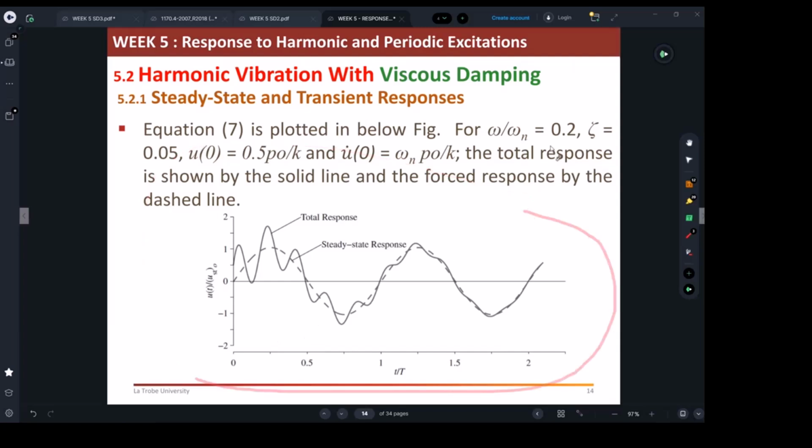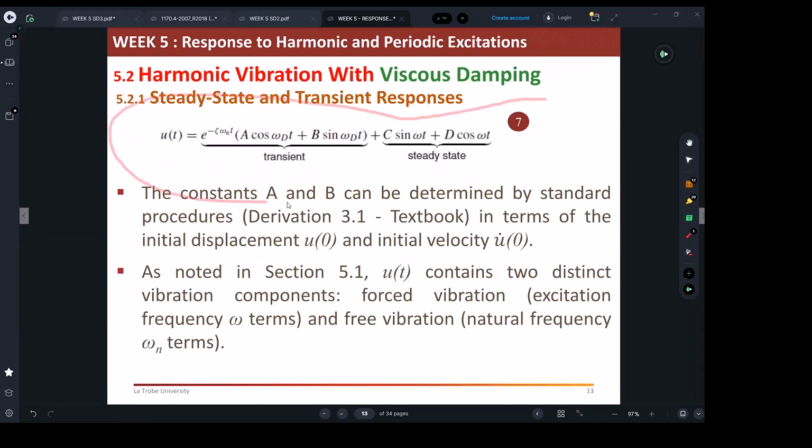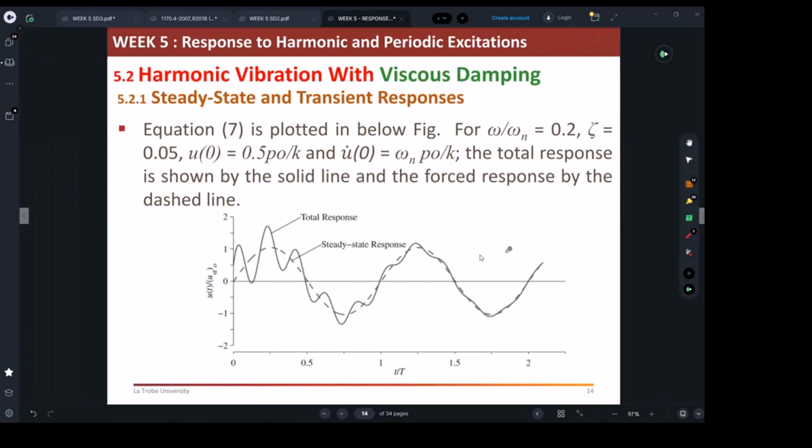So we set up some assumptions to help us plot this equation, right? You will find this plot. And the interesting part is those shaking mechanisms, the secondary transient or free vibration motions, will end up going away and you will end up with this steady state response to actually present the actual response.